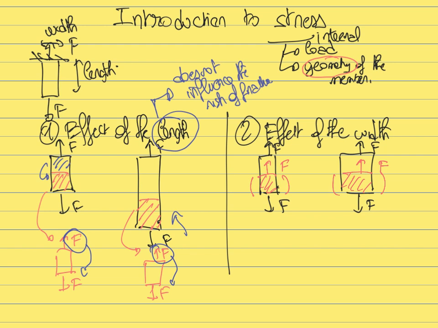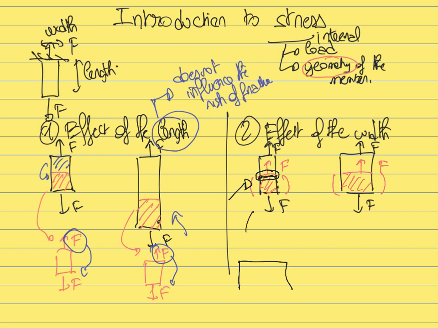So now what about the risk of fracture? Here the key difference between the effect of the length and the effect of the width is that now I look at the details of how this force that is applied by the top to the bottom is distributed throughout the member. So if we zoom in on this part, I'm zooming in here on the bottom part, and I look at the intersection between the top and the bottom.